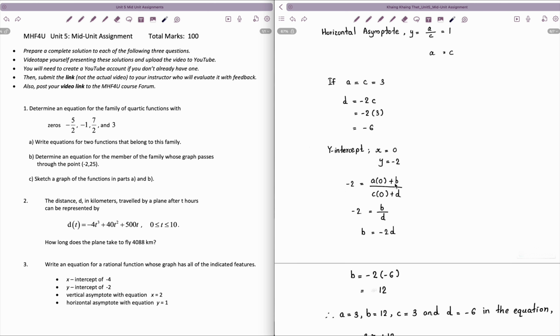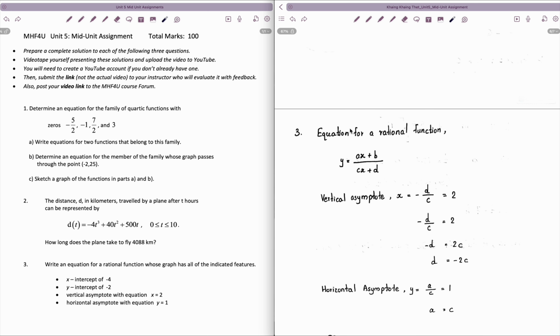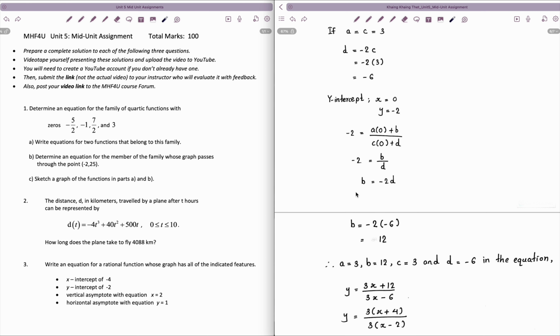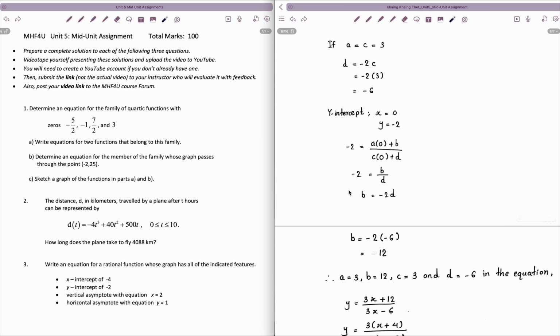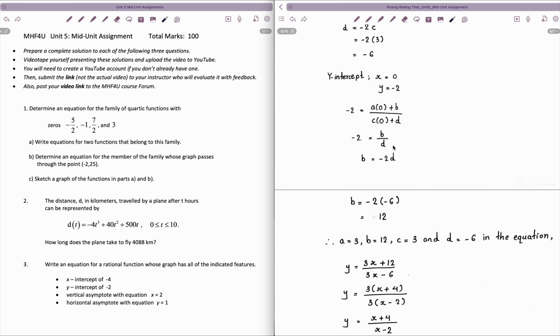So we put the coordinate point in the rational function. We get the value of b is negative 2d, and we know that the value of d is negative 6, so we get the value of b is 12.